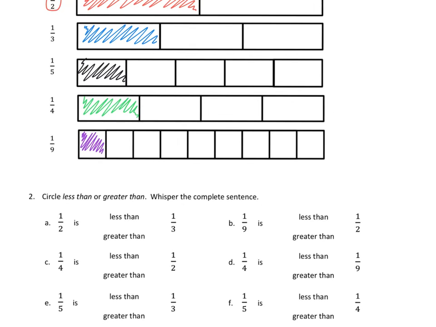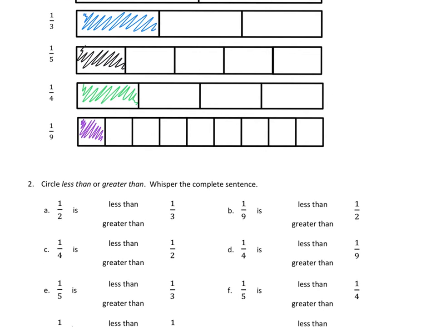So down below now I can circle less than or greater than to create my sentence, and then I will say the sentence to you. You might have to whisper it, but I'm not going to. I'm going to say it out loud for you. So I'm looking at 1/2 and 1/3.